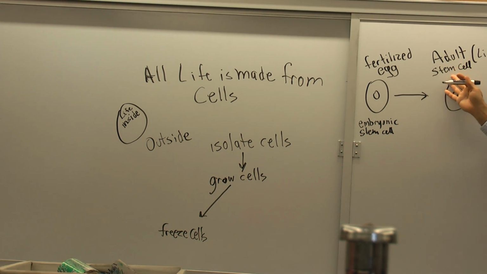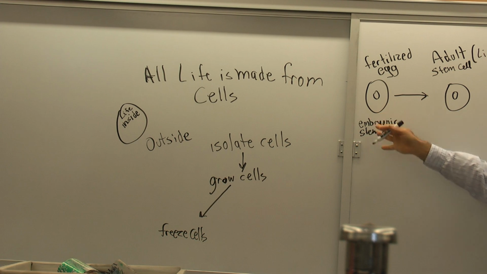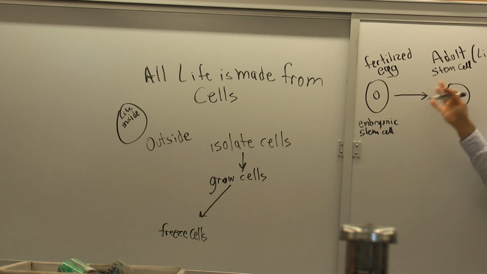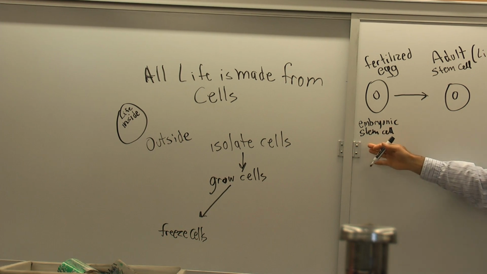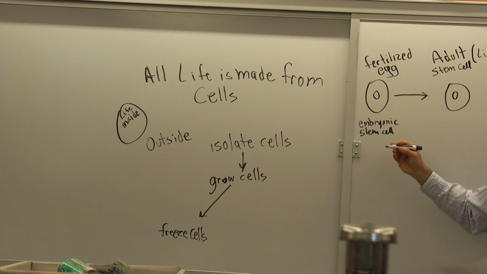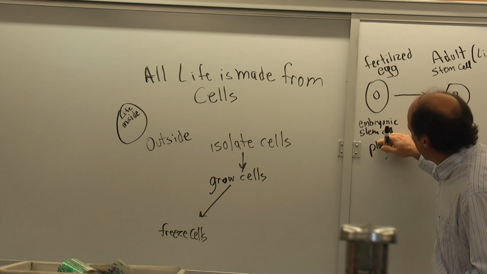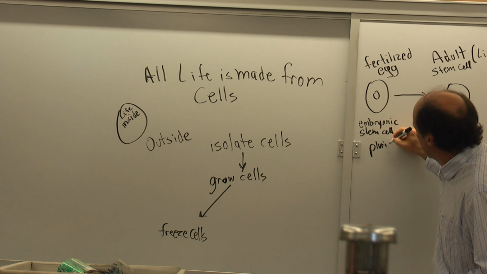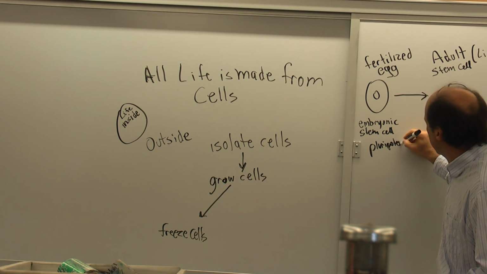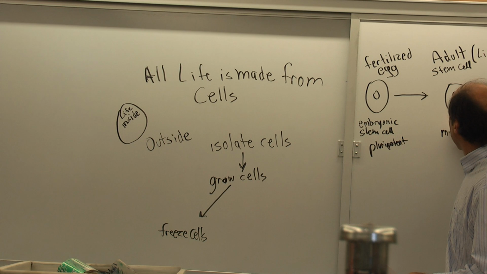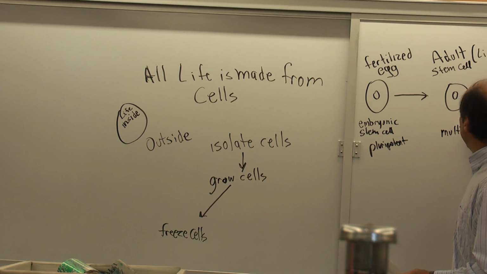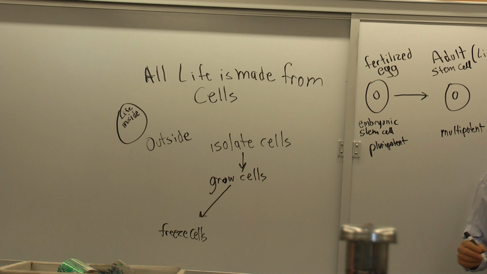But adult stem cells are different from embryonic stem cells, the fertilized egg. And why is that? Well, these are multipotent, but these stem cells are pluripotent. So pluripotent means they'll do everything. But multipotent means they can differentiate into a bunch of different cell types, but not into everything.